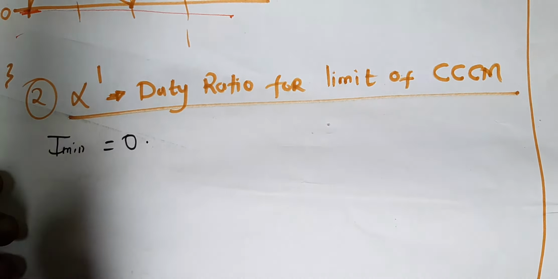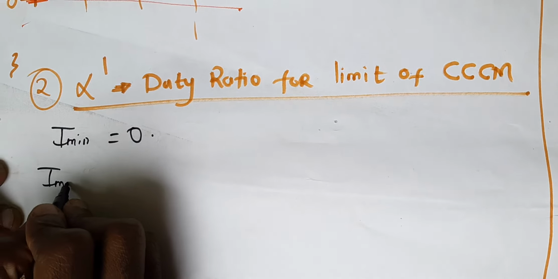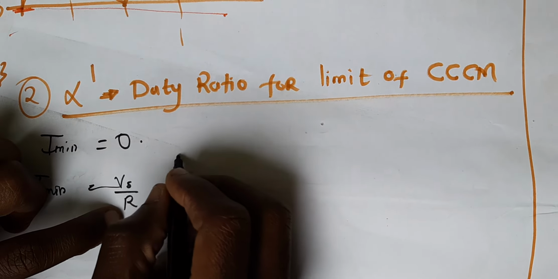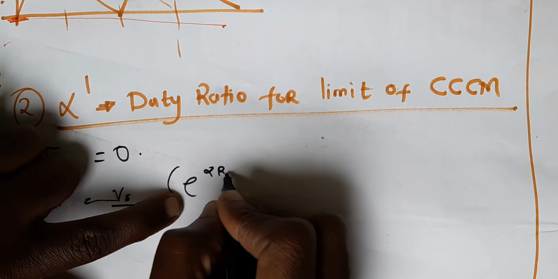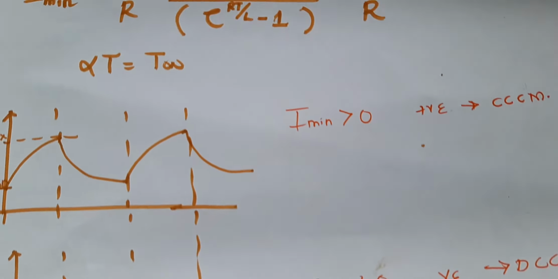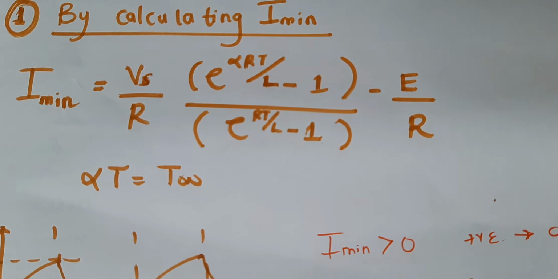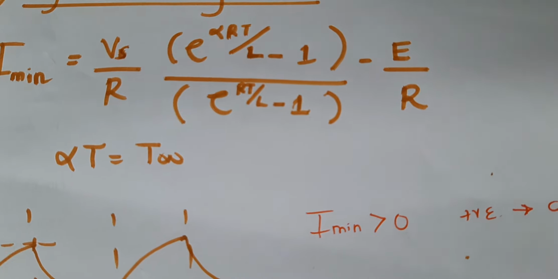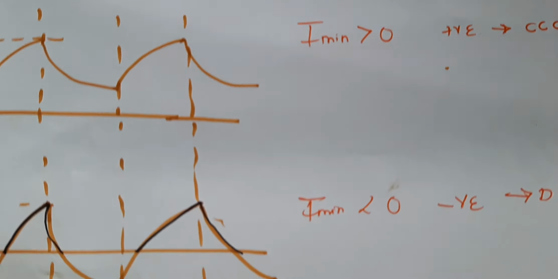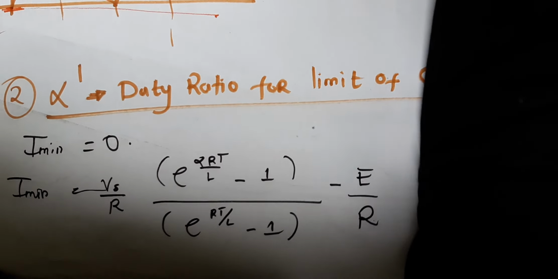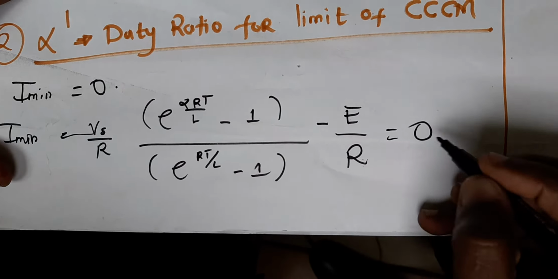Okay? And therefore, from that equation whereby I min is given by Vs over R into exponential alpha RT over L minus 1 over exponential RT over L minus 1, minus E over R, we can equate this equation to 0, isn't it?